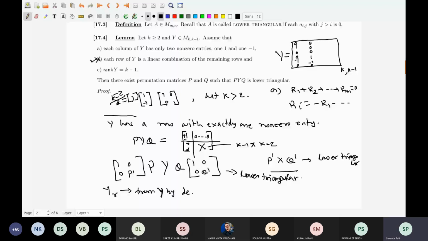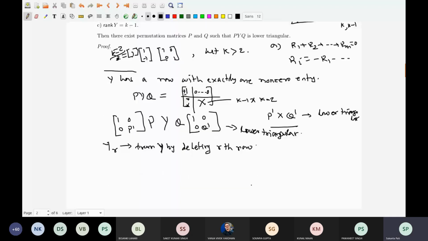What will be the rank of YR? Now look, the rth row was a combination of the remaining rows, which you have deleted, so the rank will not decrease. Therefore, the rank of YR will be the same as the rank of Y, that is K minus 1.